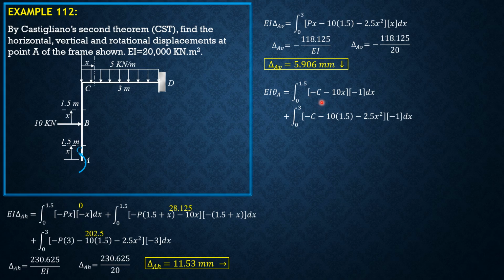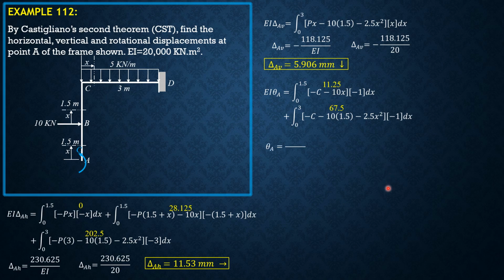Prior to integration, C is set to 0, so integral of 10x dx 0 to 1.5 is 11.25, and integral of negative 15 minus 2.5 x squared times negative 1, or integral of 15 plus 2.5 x squared 0 to 3 is 67.5.